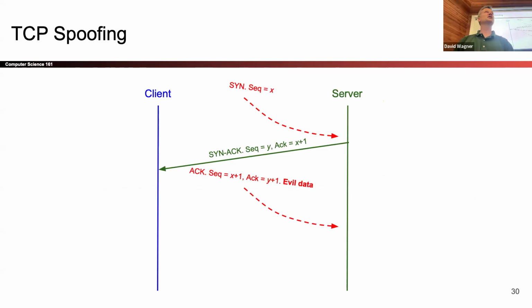Then the attacker spoofs an ACK packet, filling in the guess at the sequence number that the server chose, the value Y. And if the guess is right, then the server accepts this as a fully set up connection and will accept whatever evil data is sent and will treat it as a connection coming from that spoofed IP address. Today, it's hard to do unless you're on path, because it's hard to guess the initial sequence number.